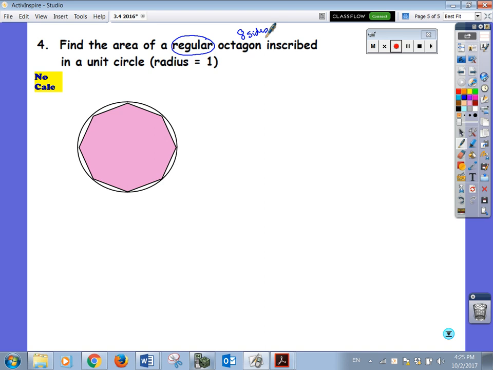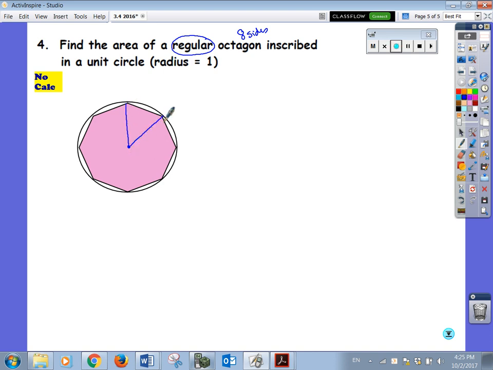You have to remember all of that stuff from geometry. So we don't want to find all those little parts. Scratch that. We want to find one of the triangles that is created in this octagon, and then multiply it by however many triangles there are. Because, again, we're using the area of a triangle.